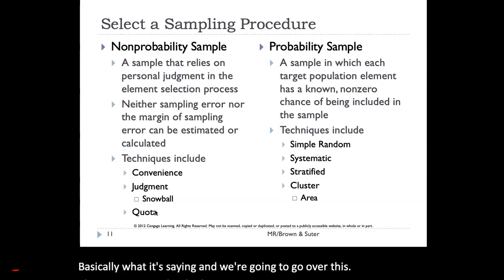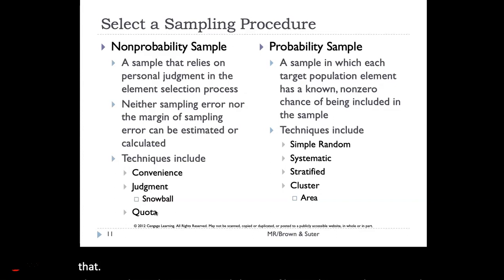Whereas a probability sample is a sample in which each target population element, or each person in that population, has an equal chance of being chosen to be surveyed.